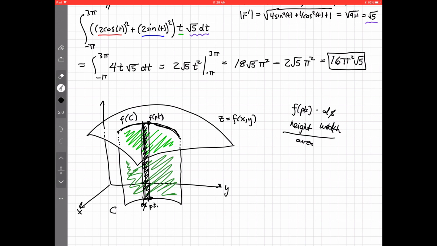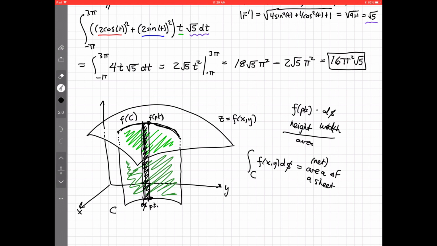And in the end, we add those up when we integrate. What we get is that this integral of, say, f of x y ds along C, where C is a curve in the plane, is the area of a sheet. Well, net area, because I've drawn my picture as if z is never negative. But anyway, that can start to give you an idea of what this thing is calculating.